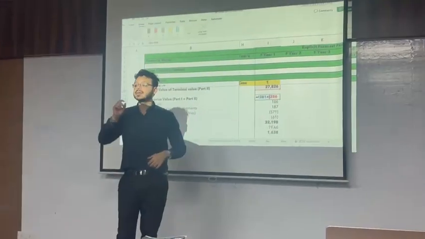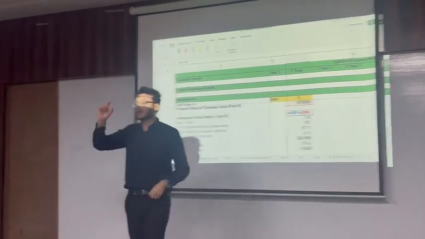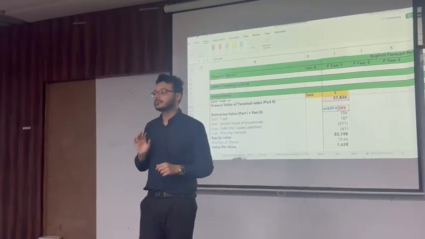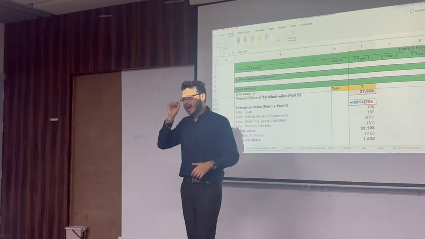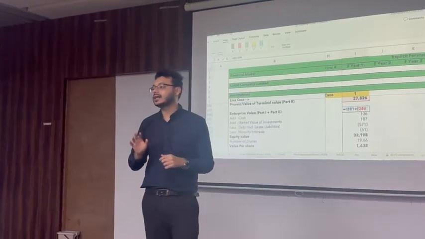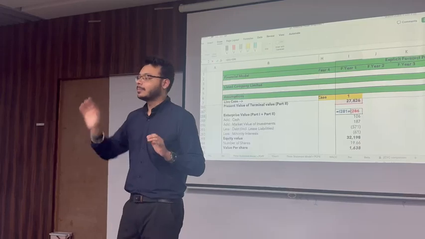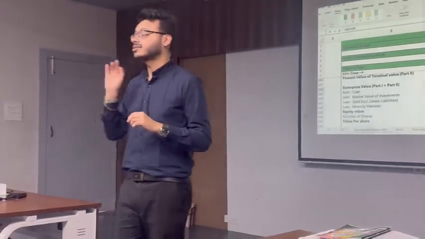So for example, if the present value of the terminal value had been 27,826, this value has started to come down for large cap IT companies from 25 to 20 to 19 to 18. And that is the reason that many of the analysts in the market comment that the large cap IT companies are in trouble. Their price to earning multiples have corrected a lot. They used to trade at 25 times, 30 times.